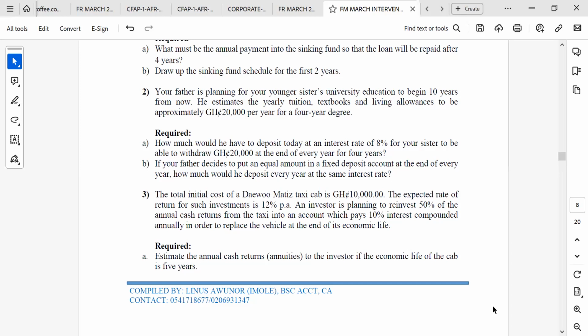You want to start saving now so that at the end of the 10th year, or from the 11th year, you'll be able to go to the bank and take 20,000 every year. Then you ask yourself, at the end of the 10th year, how much should you have in the account so that you can take the 20,000 every year? You use that to find the present value of the amount starting from the 11th year.